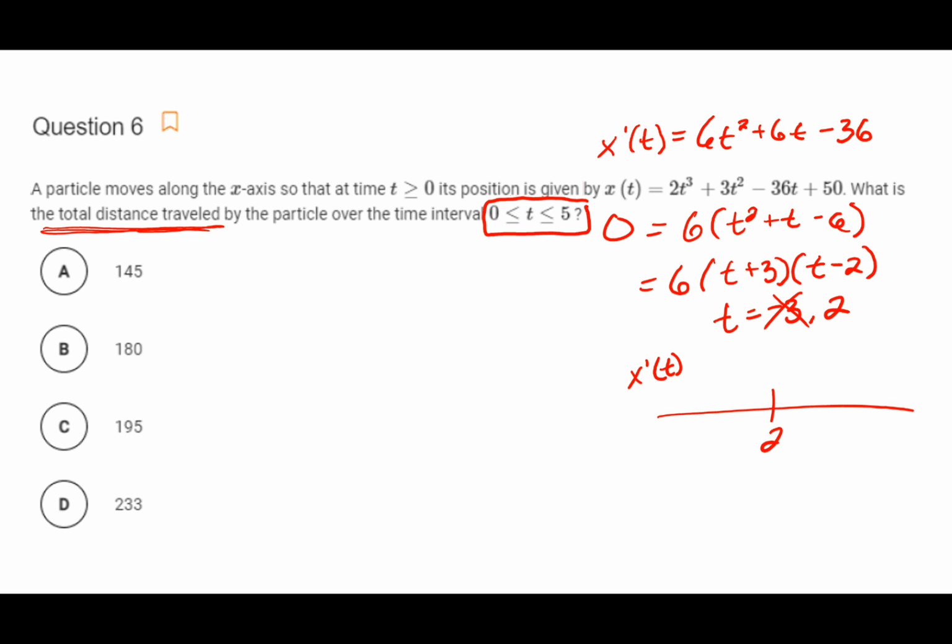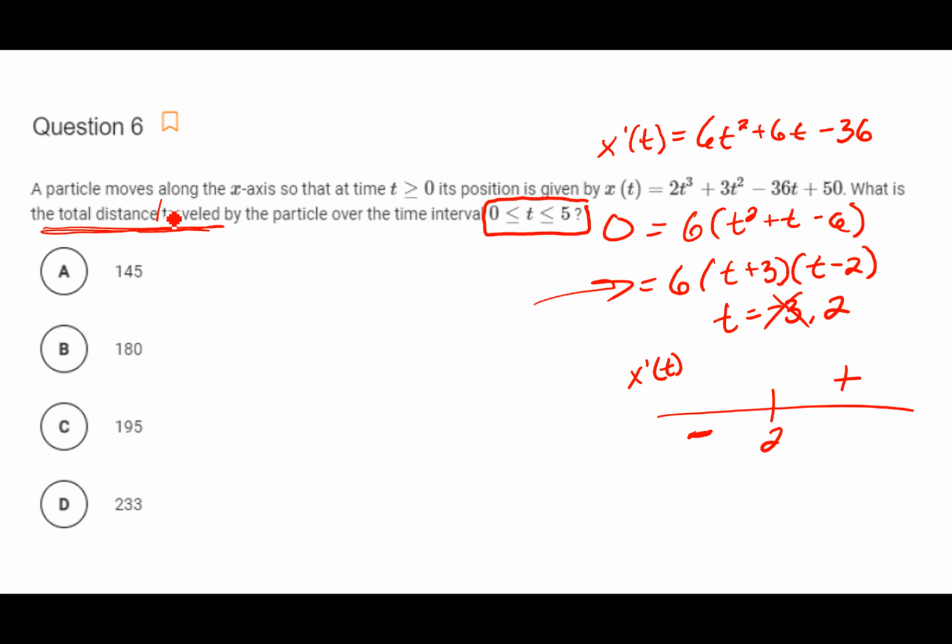If I test a point, let's say time t equals 0, because that's in my interval, and put 0 back into my function, I'd have 6 times 3, 18. 18 times a negative 2 would be a negative 18. So this is negative. So I know it's moving left from 0 to 2. For a number greater than 2, if I chose 3, I'm going to end up with a positive value. So this is saying after 2 seconds, it's moving to the right or in the positive direction.